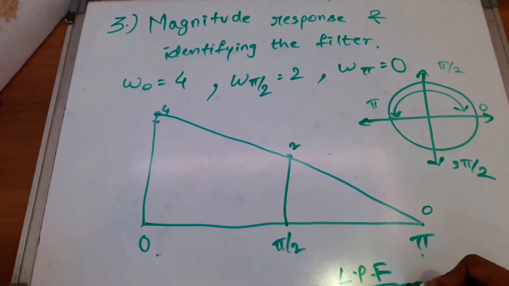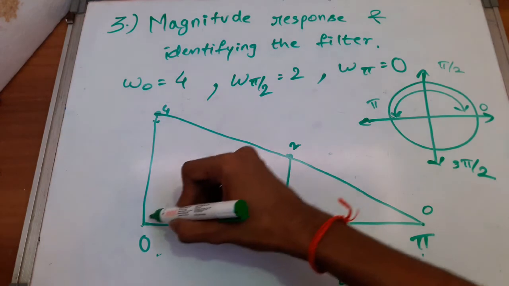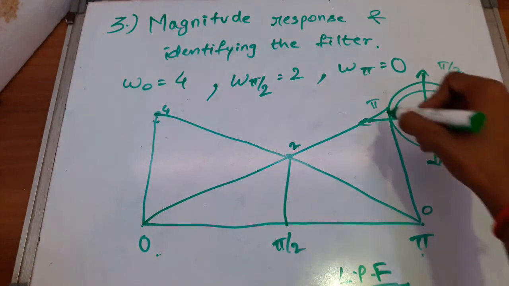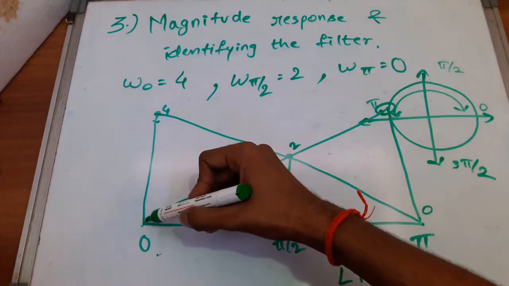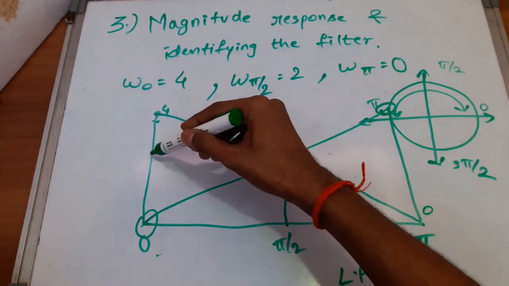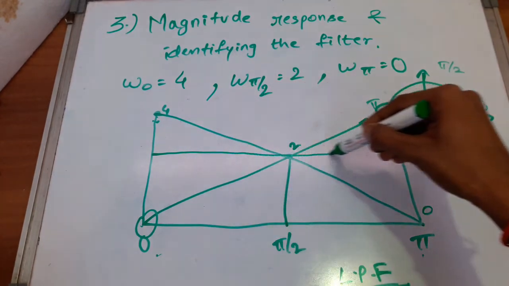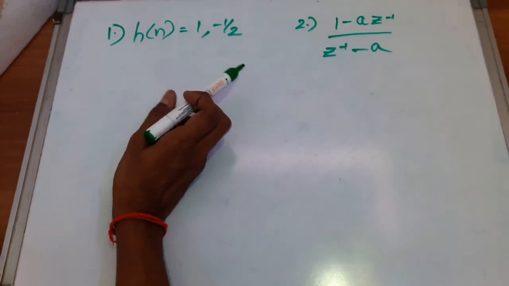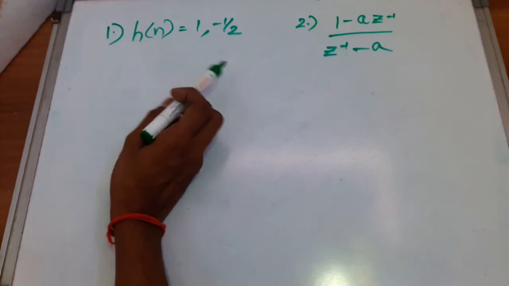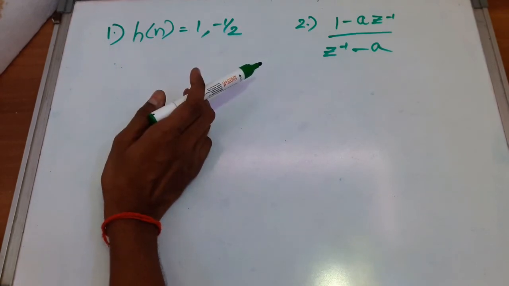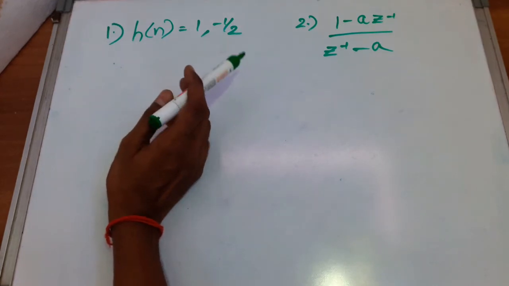Similarly, for a high pass filter, we need the conditions to be like this, where the pi value is highest and the 0 value is the lowest. For an all pass filter, all the values will be the same. So these two are the most commonly expected questions in exams for LTI, and I'll be solving only one today. The second one's solution will be given to you at the end of the video.